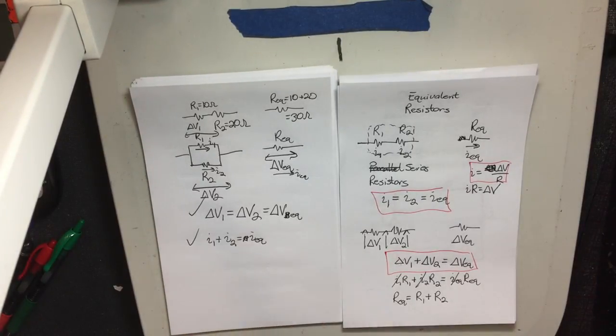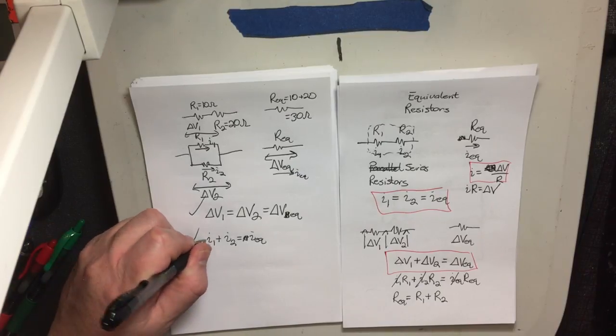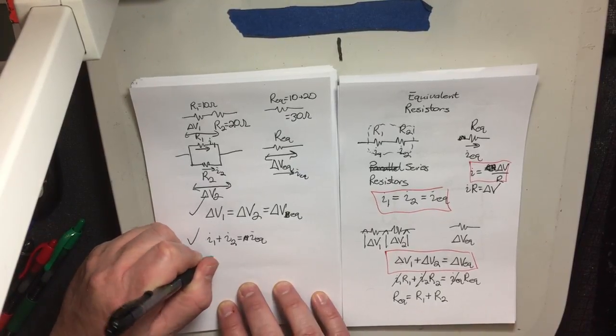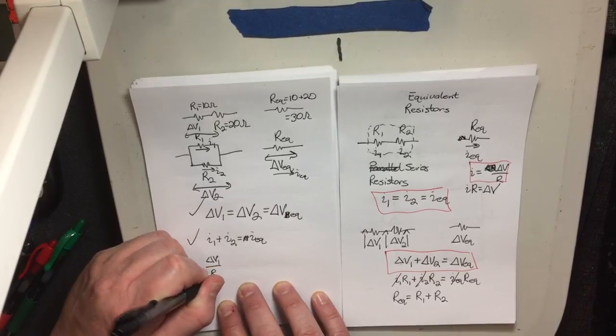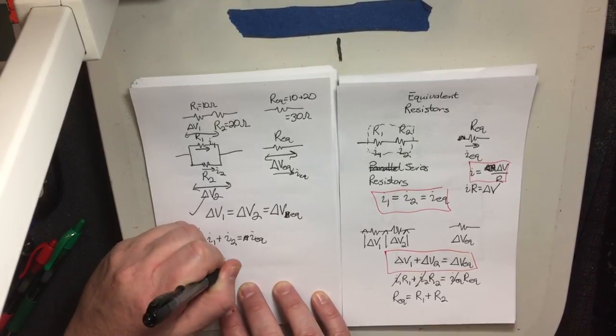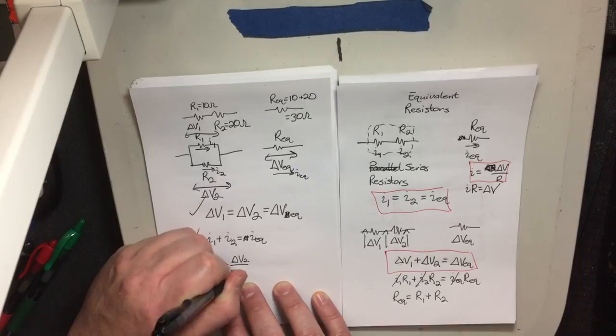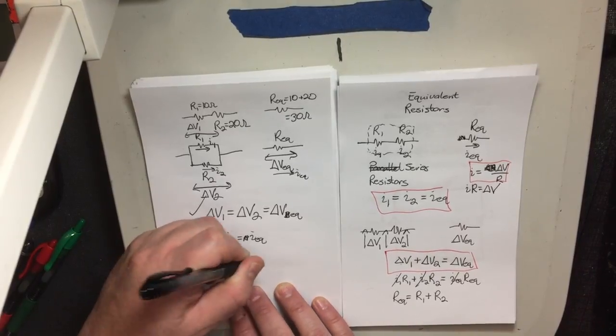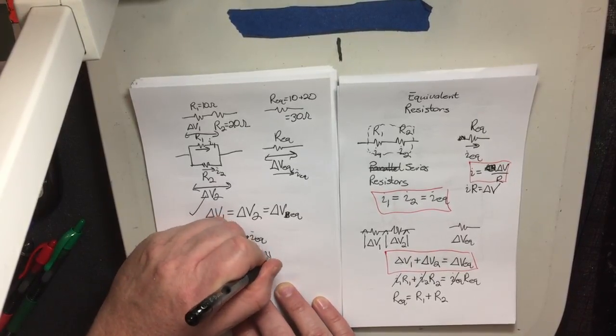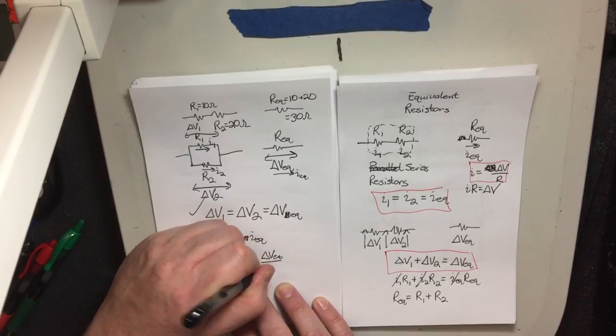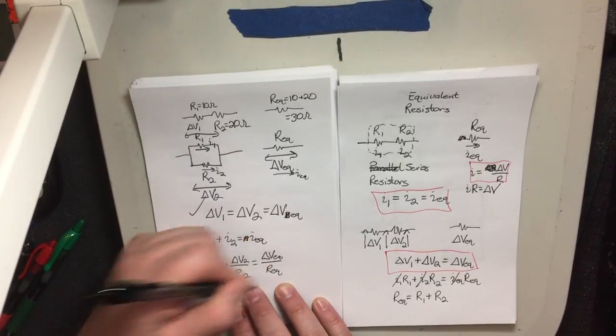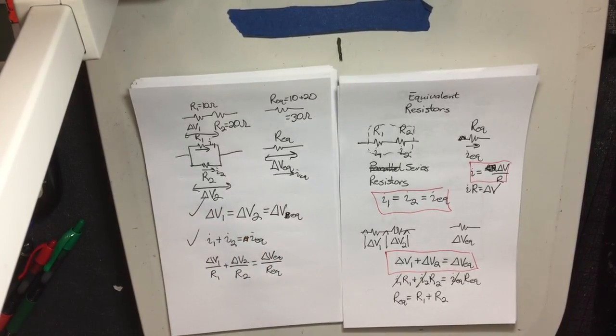And what we're going to do is we're going to use Ohm's law again. I1 equals delta V1 over R1. I2 equals delta V2 over R2. I equivalent, and you get this.